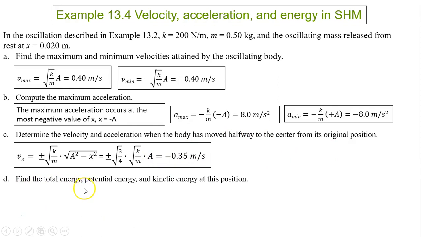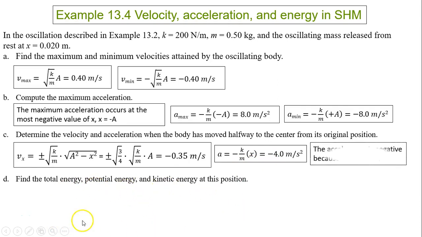What is the total energy, potential energy and kinetic energy at this position? Here is A. When x is positive, A equals negative. Oh, so the acceleration is negative because x is positive.